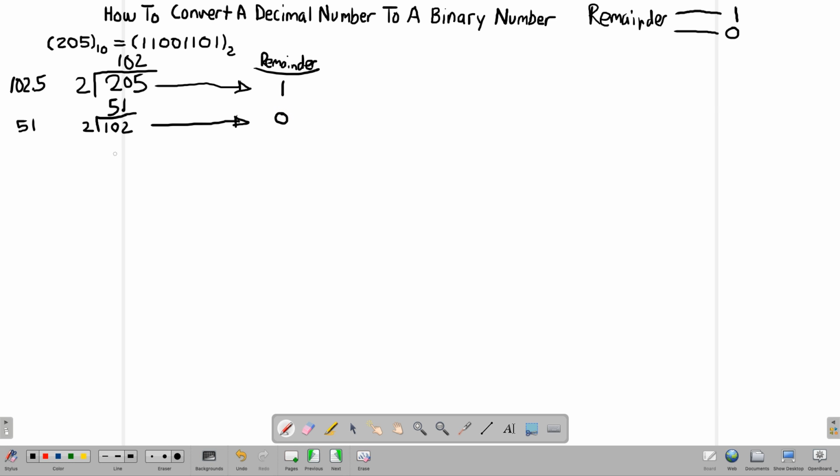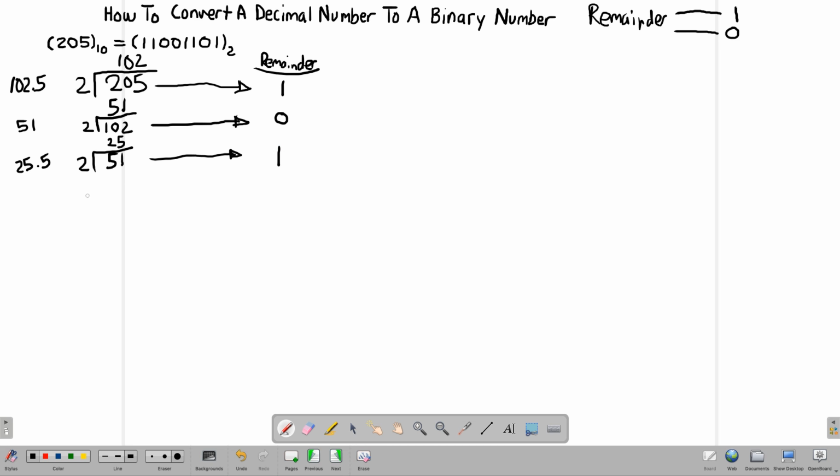So next, the value of 51 is going to be divided by 2. 51 divided by 2 is 25.5. So that indicates that in this case we have a remainder. So we put the integer portion here, 25, and then we represent that we have a remainder, which would be the value 1.